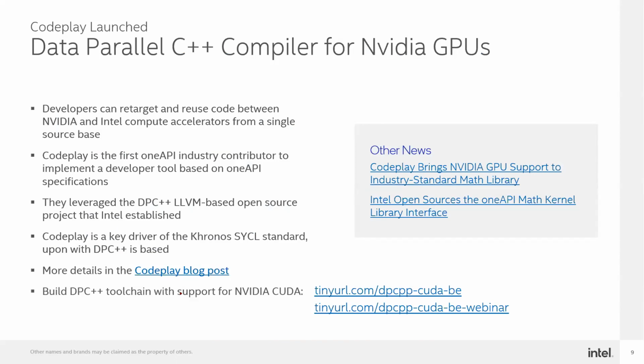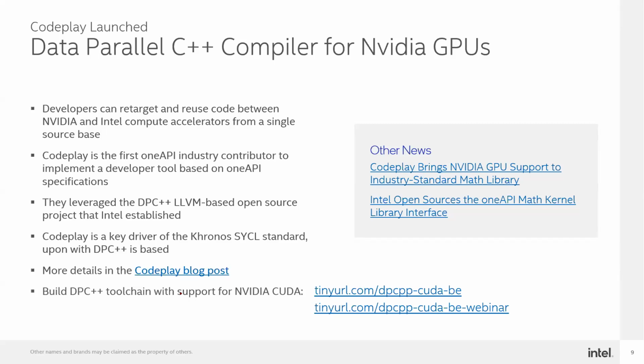In order to avoid additional questions, I want to state this in the beginning. From the list of devices we support at this moment, it's definitely all Intel hardware, like Intel CPUs, Intel integrated graphics, discrete graphics cards, and FPGAs.